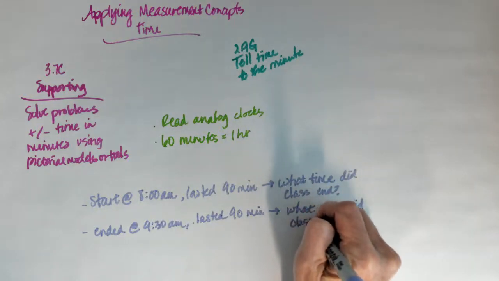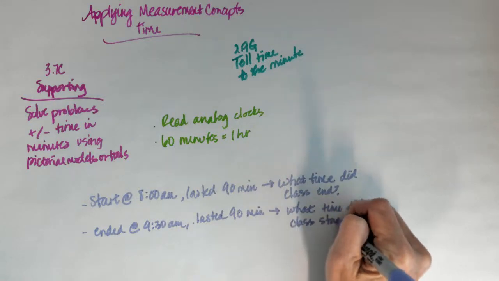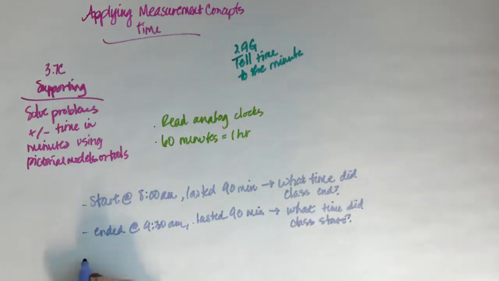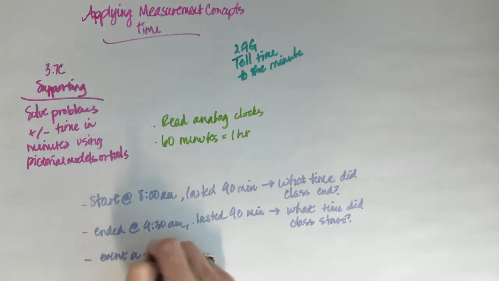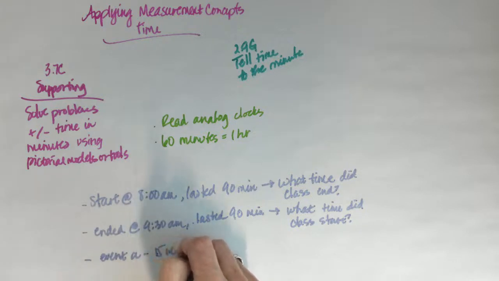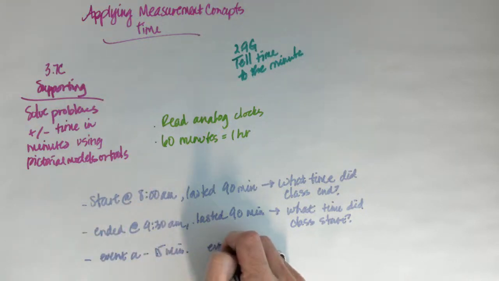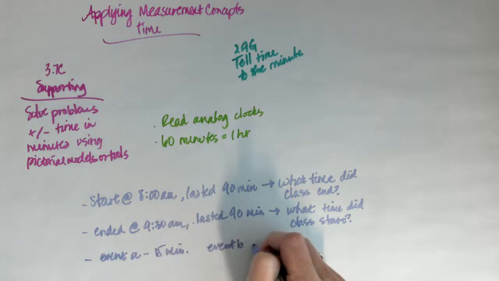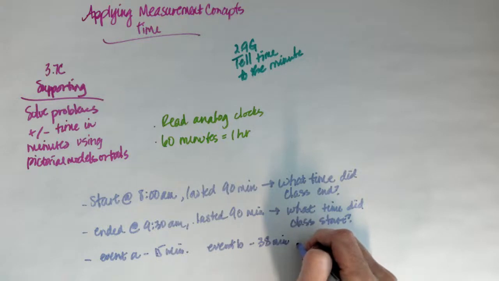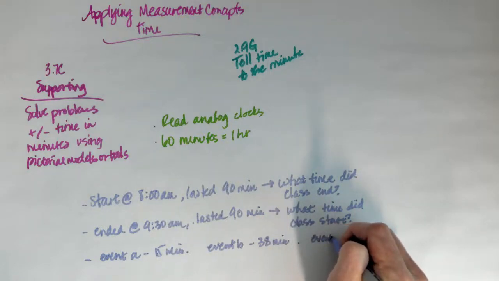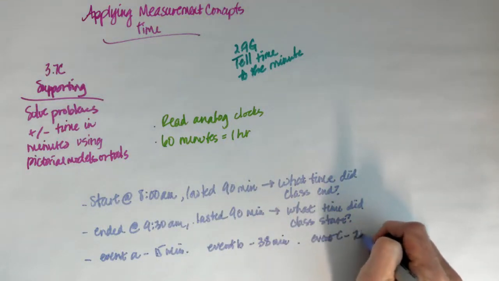Okay, we could also be given a list of times to add together and give a total time that has passed. So, for example, event A was 15 minutes, event B was 38 minutes, and then event C was 21 minutes.